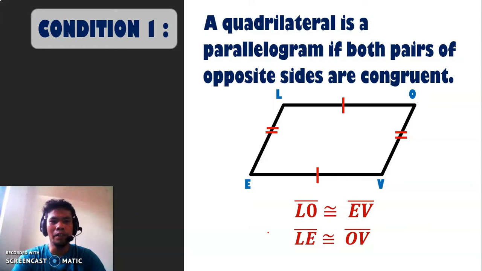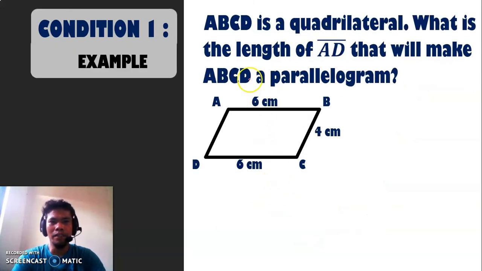For example, we have here ABCD, a quadrilateral. What is the length of AD that will make ABCD a parallelogram? We have an illustration here.